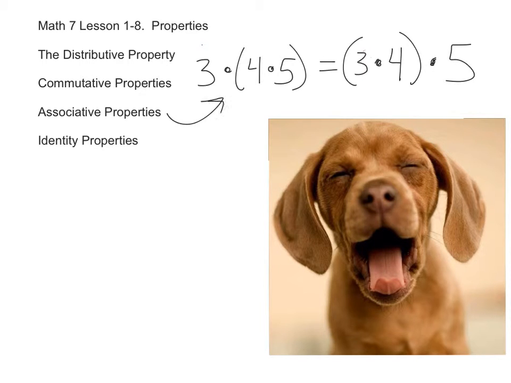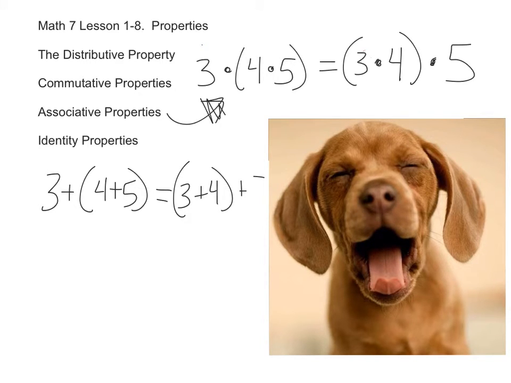Those are associative properties. In the same way, you can say that 3 plus 4 plus 5 is going to give you the same answer as 3 plus (4 plus 5). All we're doing is moving the parentheses. That's what makes it associative.